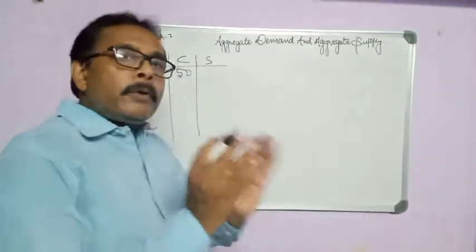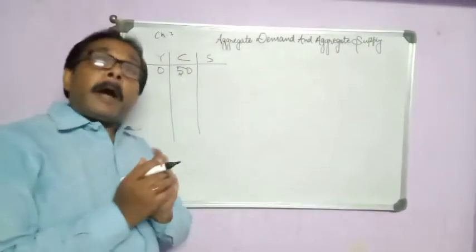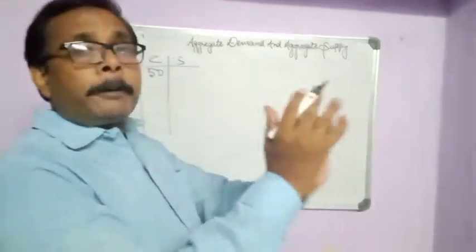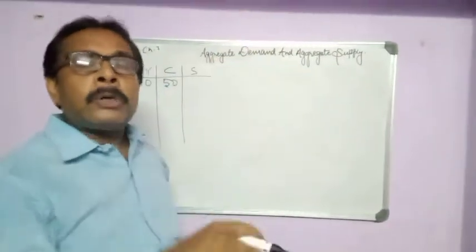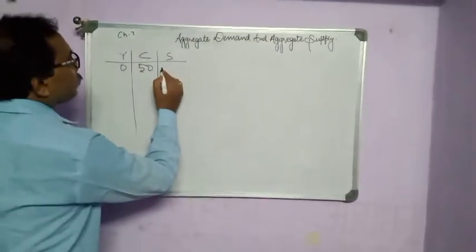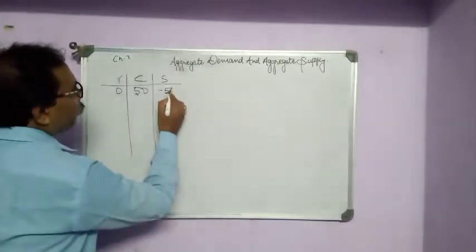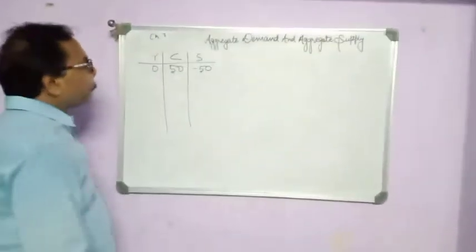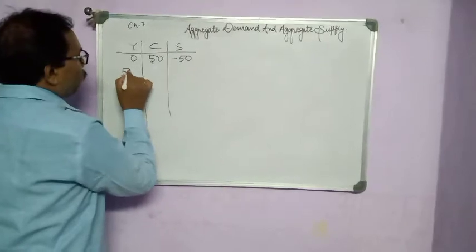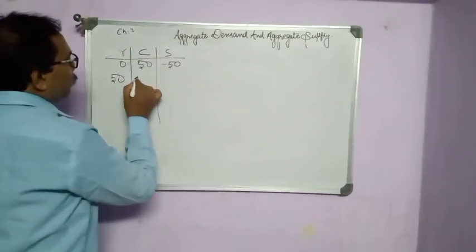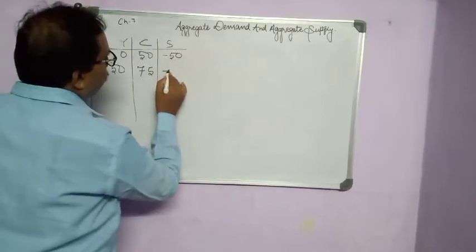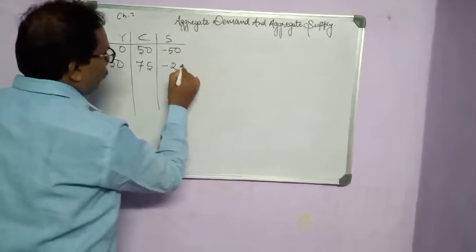can be done either through borrowing or from past saving. If you are utilizing your past saving, it means the money which was saved by you will start to reduce. So how much will it reduce? Saving will become minus 50. Clear? Now, when the income is, suppose, 50, your consumption is, suppose, 75, so again your saving is minus 25.